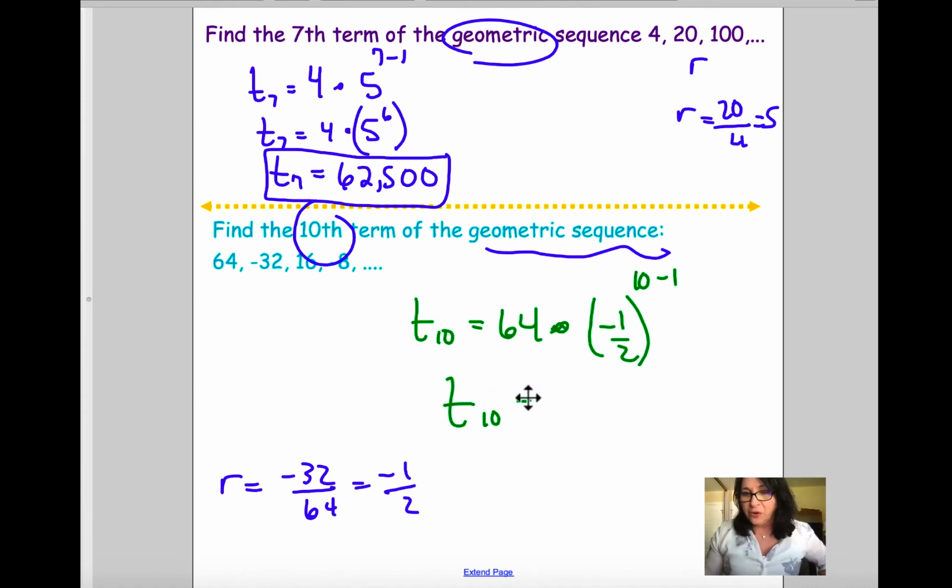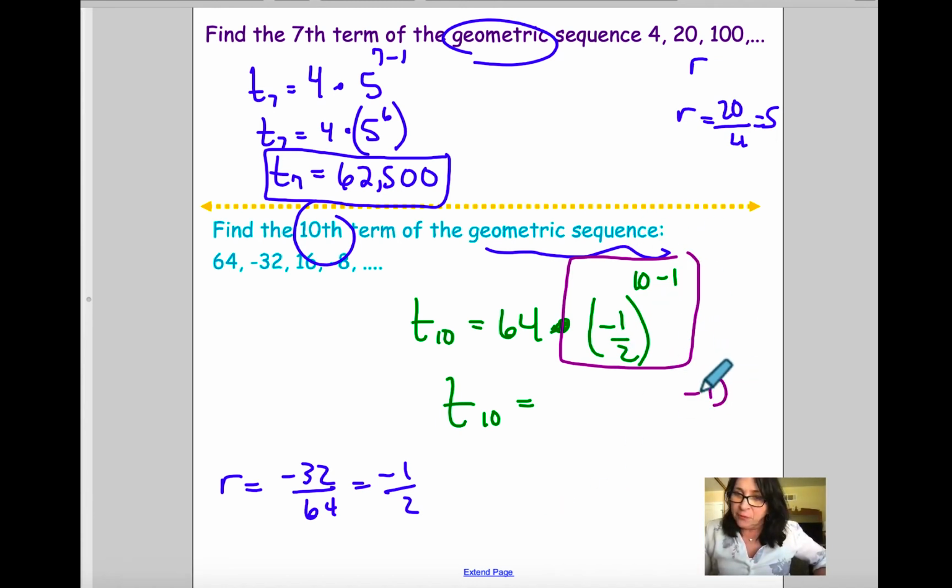So the 10th term is equal to, and again, really watch yourself on this, exponents first. So you could write it like this, because that's to the 9th power. Negative 1 to the 9th power over 2 to the 9th power is negative 1 over, I don't know, 512 maybe? I don't remember what 2 to the 9th power is.